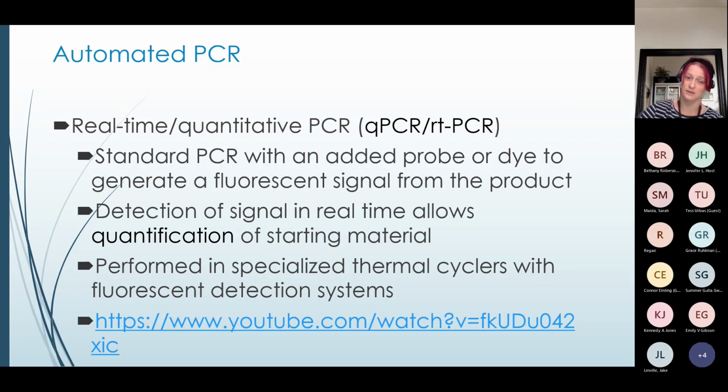Real time PCR doesn't matter what it starts with; it just means it can detect how much DNA or RNA product you have in your tube live after each cycle. It is standard PCR with an added probe or dye to generate a fluorescent signal from a product, and the detection of signal in real time allows quantification of starting material.